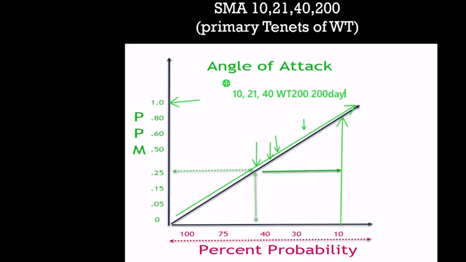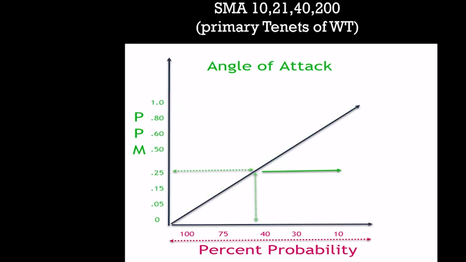So these are all the basic concepts that are involved in understanding at least the angle of attack. Each one of these tells us what the probabilities are, whatever that moving average value is, the probability of the market declining below it if it's a downtrend. Otherwise, it would be the probability of rising above that. So let's get into the actual PPMs here.